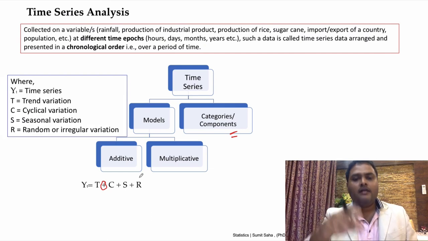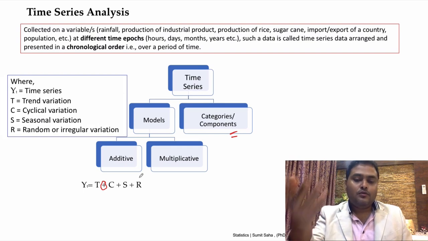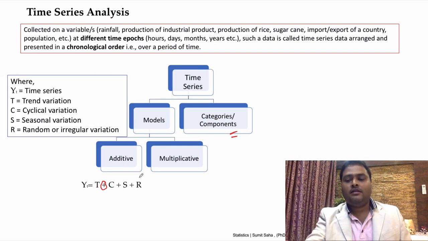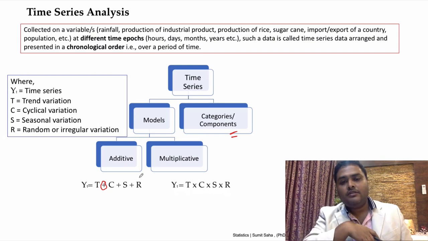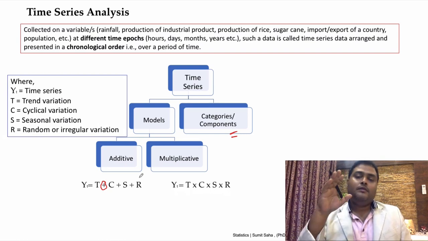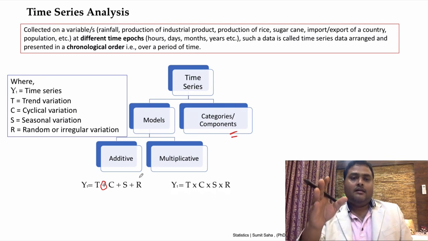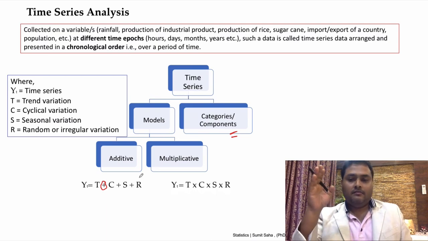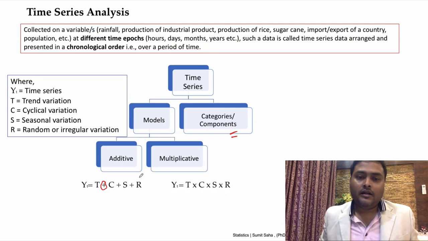If we apply them, we'll get a time series value which can be used for prediction or forecasting of the data. If I use the multiplicative model formula, the time series value is the trend variation multiplied by the cyclic variation, multiplied by the seasonal variation, and multiplied by the random or irregular variation.